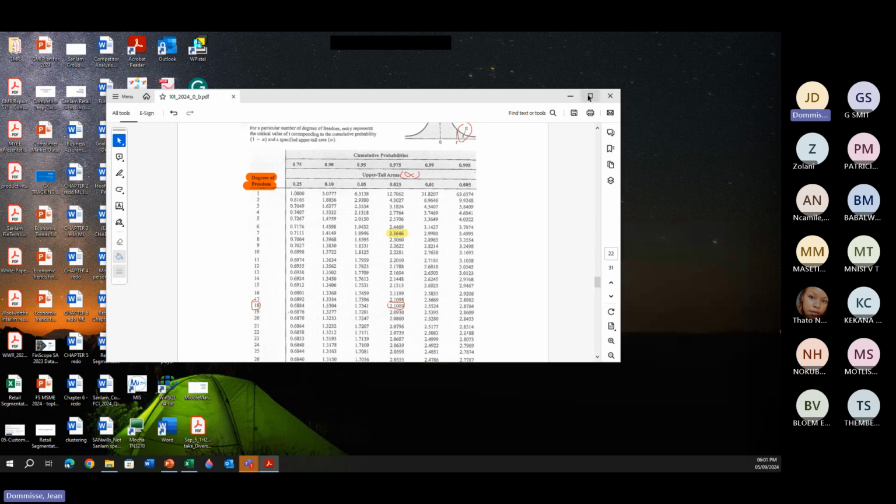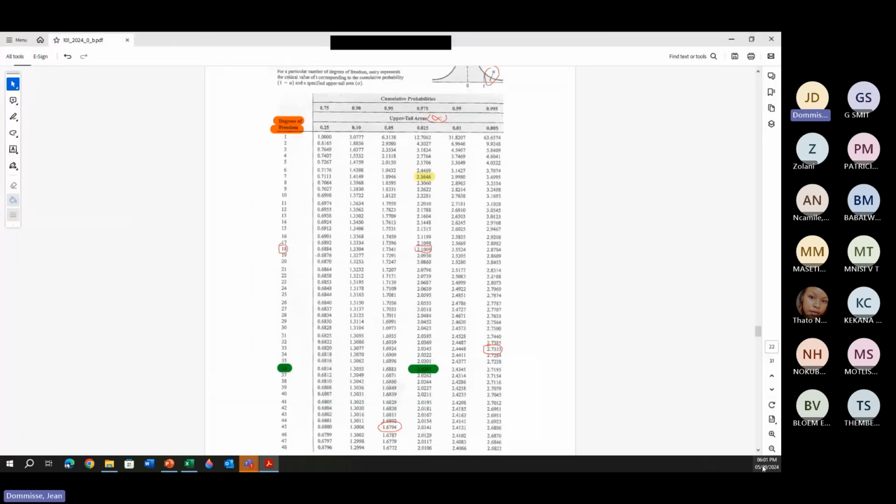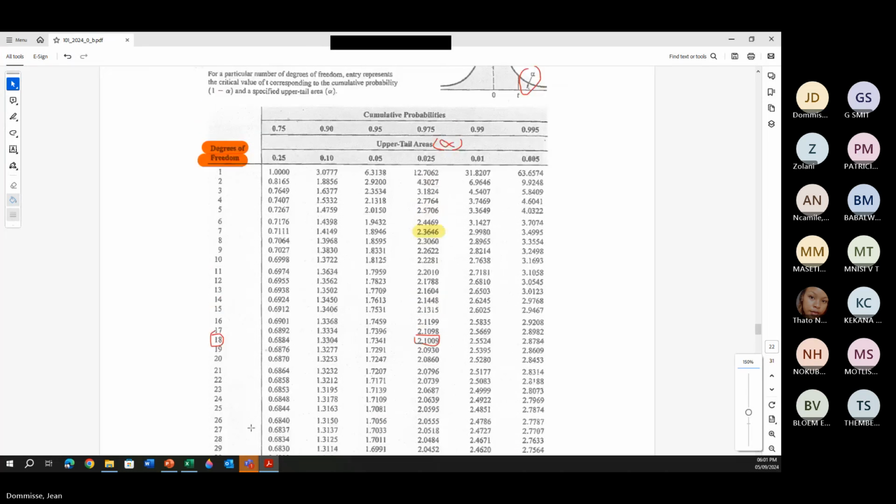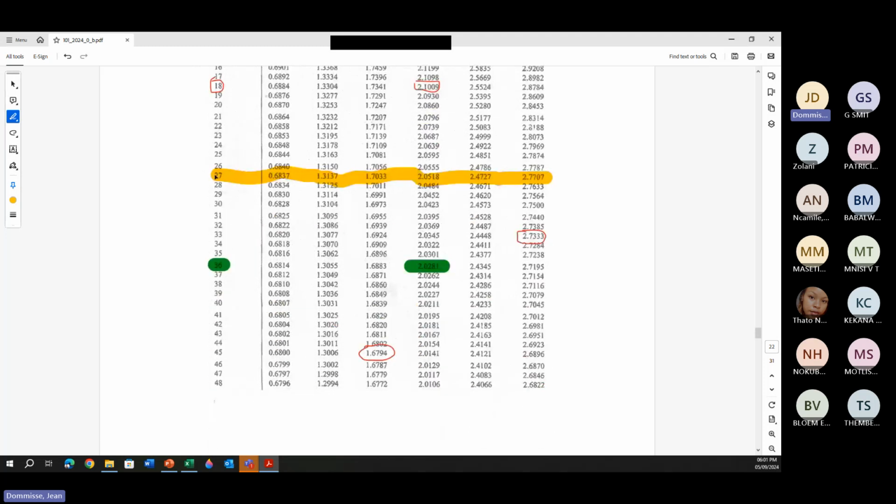Let's take that one away. Okay, and let's make this a bit bigger. Okay, so we are looking at that of 27. So let's even highlight it. There we have the 27.